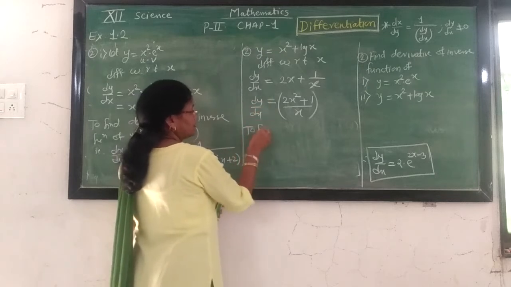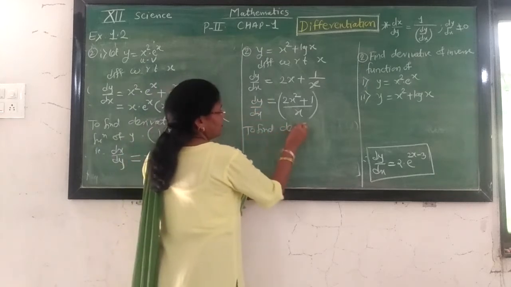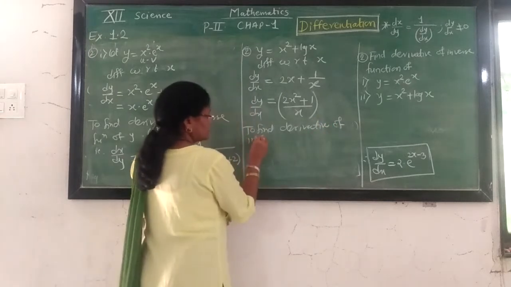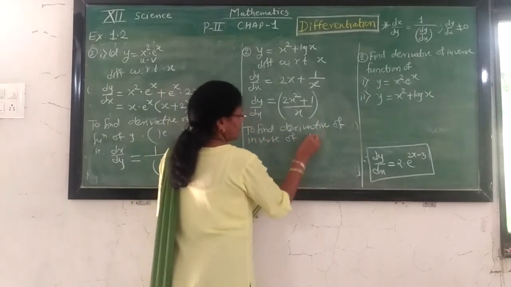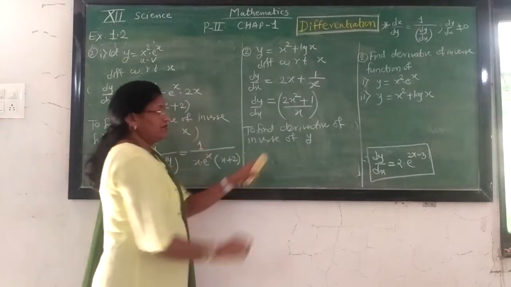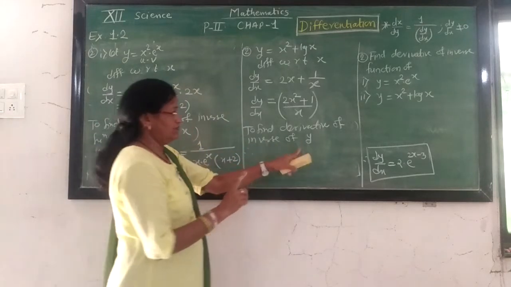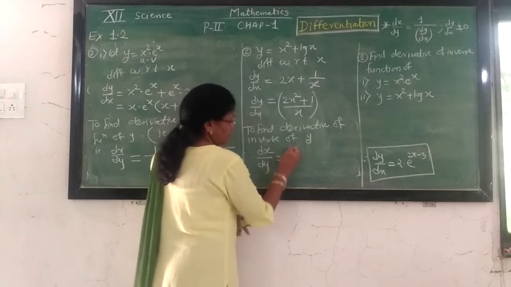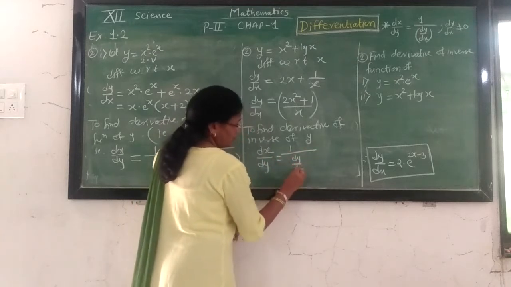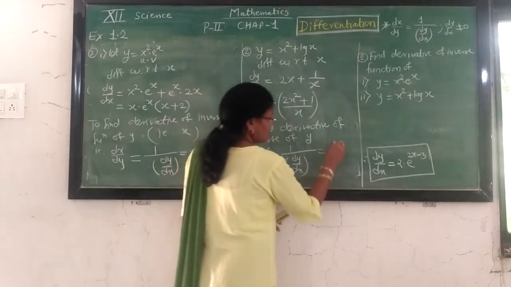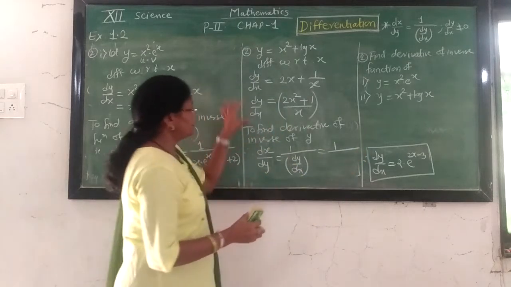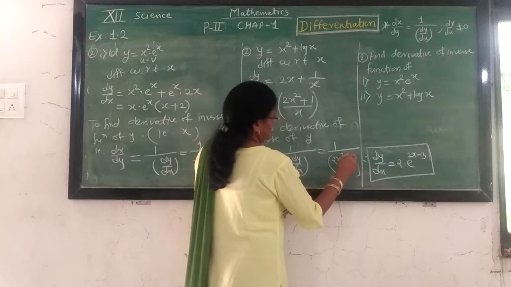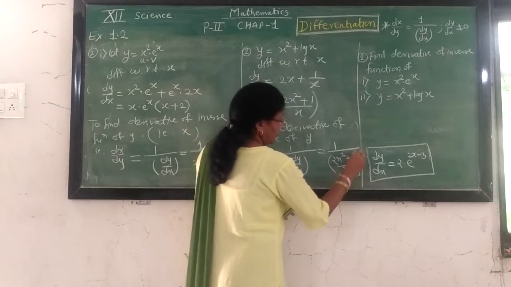But to find the derivative of the inverse of y, that is x, we find dx by dy. It is equal to 1 upon dy by dx, which is 1 upon 2x square plus 1 upon x.